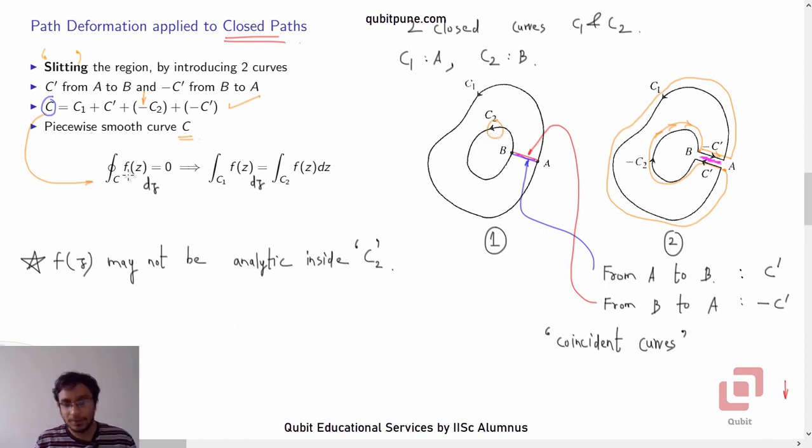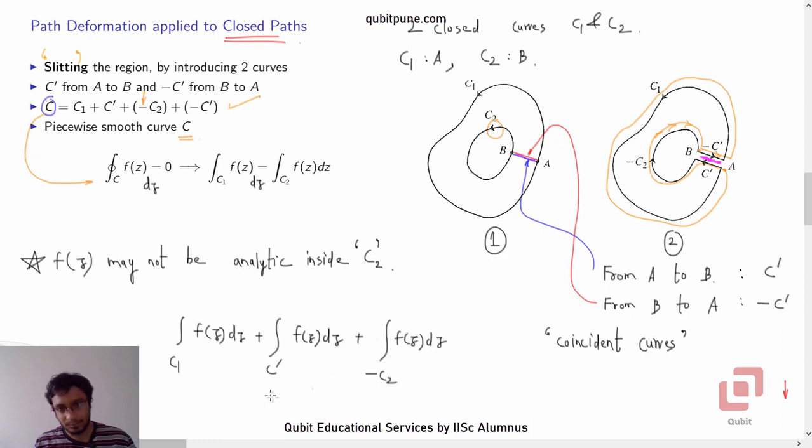Because if this whole integral is 0 with respect to z, then we can write down the following equation: integral along C1 plus integral along C prime plus integral along minus C2 plus integral along minus C prime.